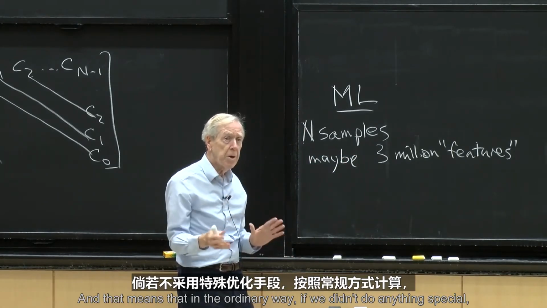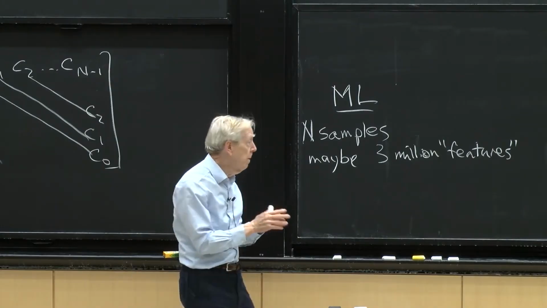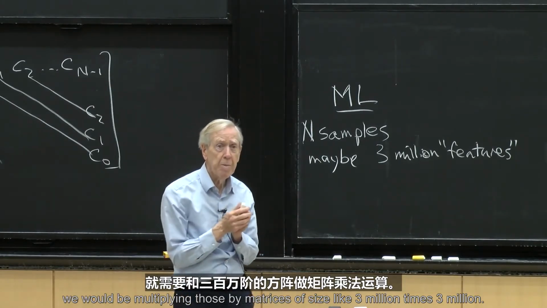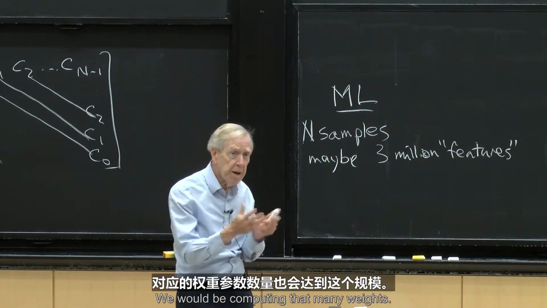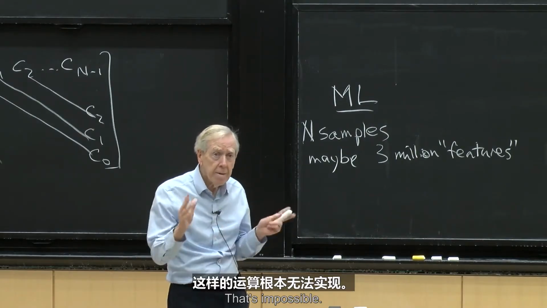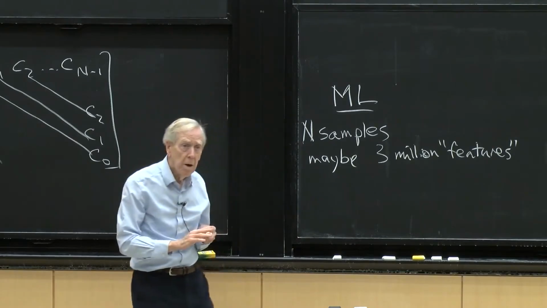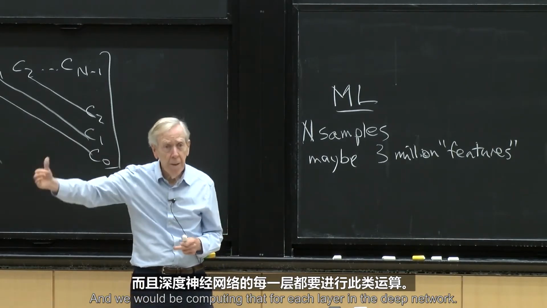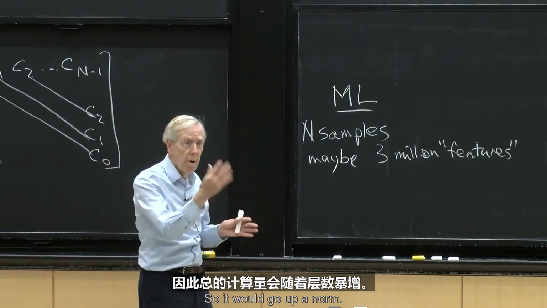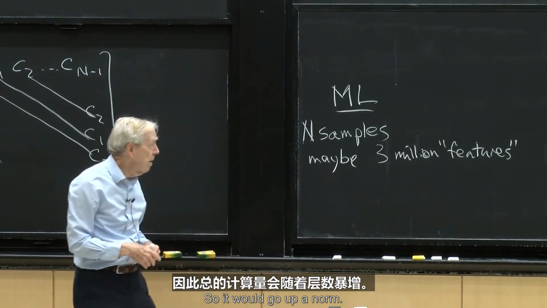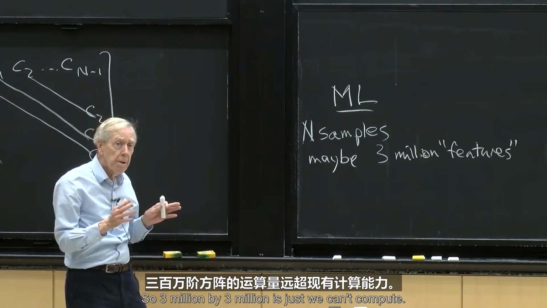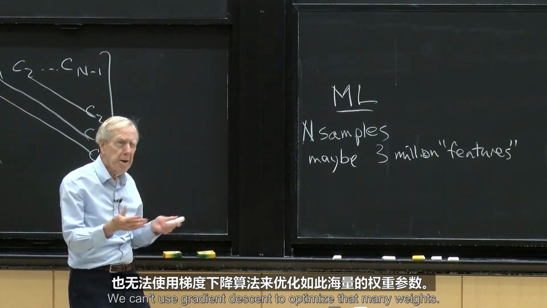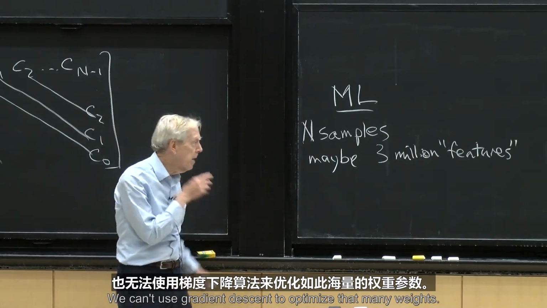And that means that in the ordinary way, if we didn't do anything special, we would be multiplying those by matrices of size like 3 million times 3 million. We would be computing that many weights. That's like impossible. And we would be computing that for each layer in the deep network. So 3 million by 3 million is just, we can't compute. We can't use gradient descent to optimize that many weights.